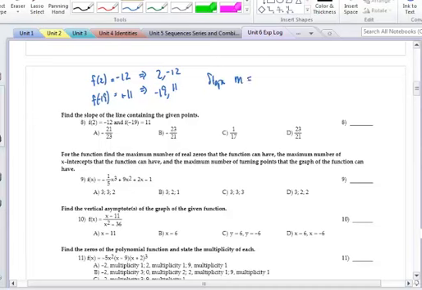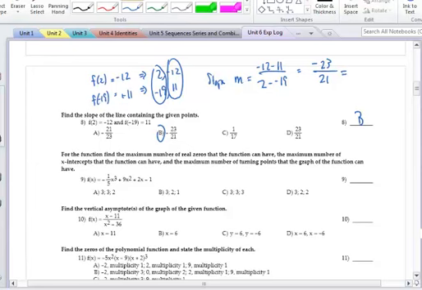So negative 12 minus 11 over 2 minus negative 19, and that will give you negative 23 over 21, and that would be your slope, choice B.